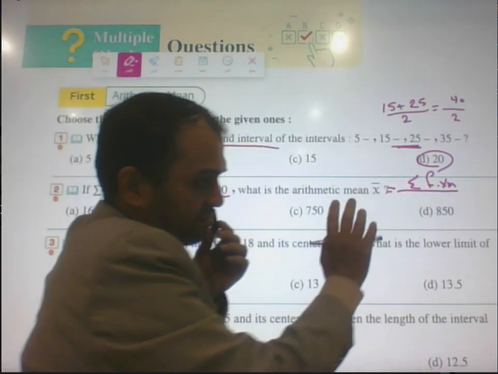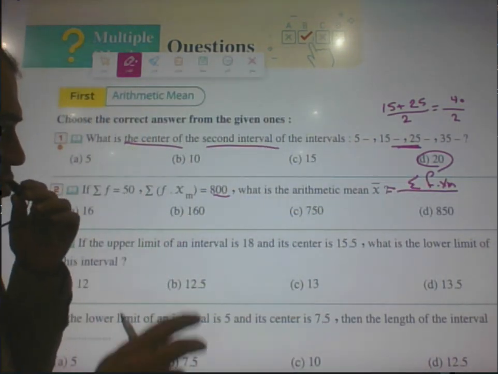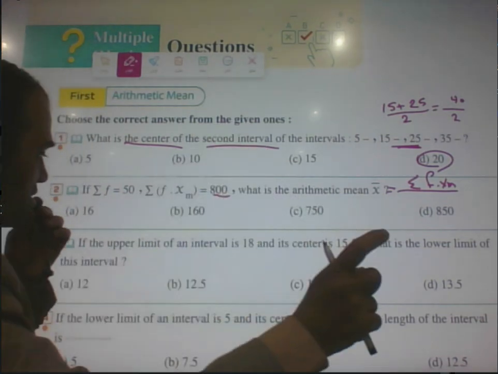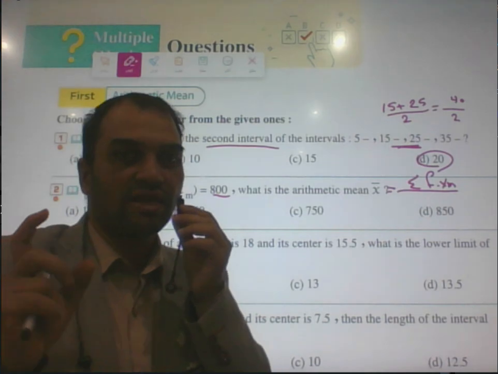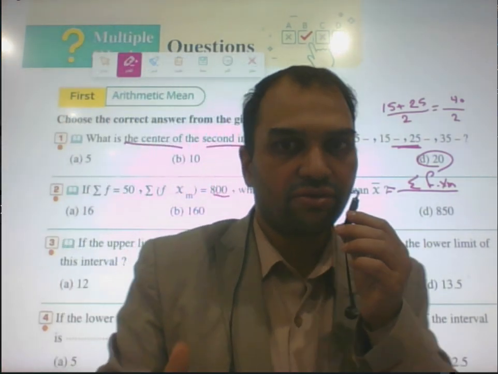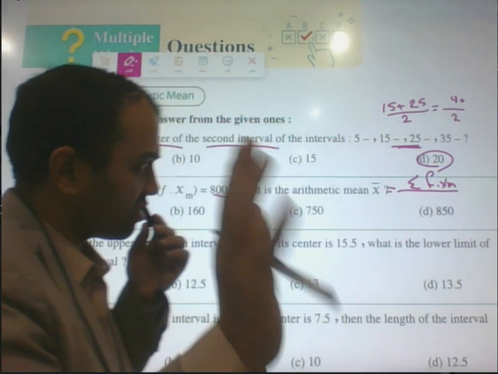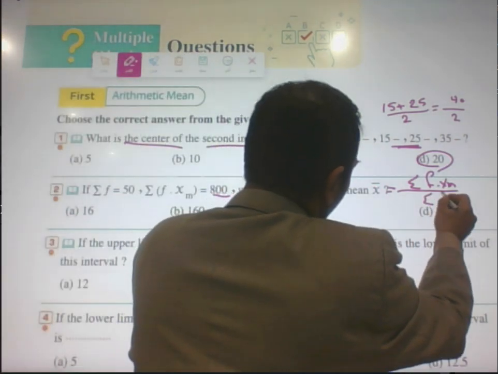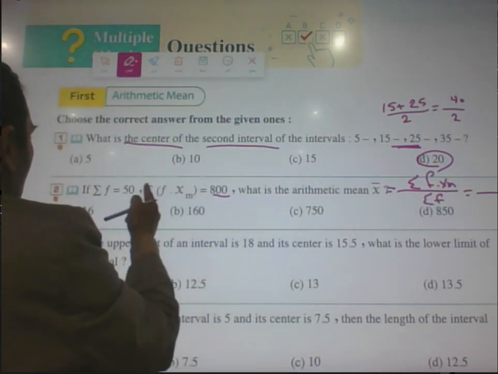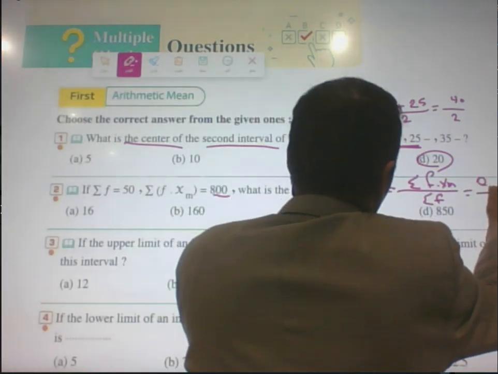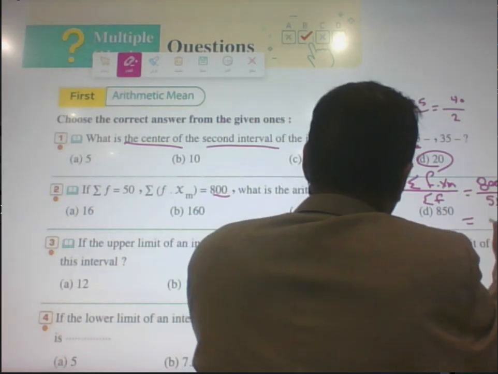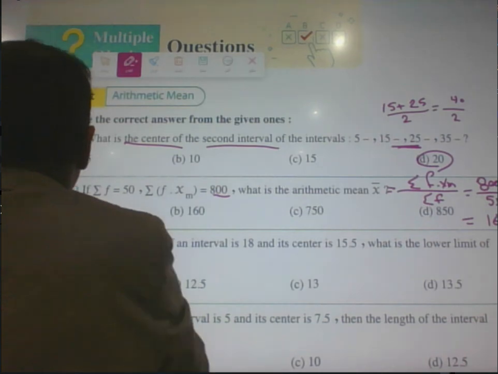Remember, to find the center, add the lower plus the upper divided by 2. He gives me the information here. You must do all these steps: divide the summation of frequency times xm, 800, over 50. You can simplify it. Then 80 divided by 5 equals 16. And the answer here will be 16.